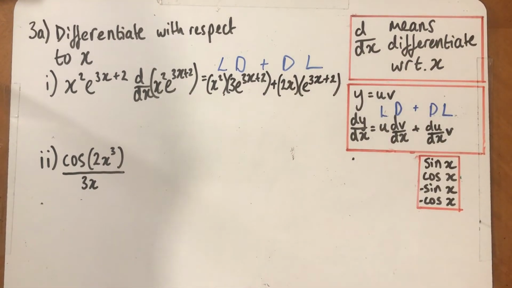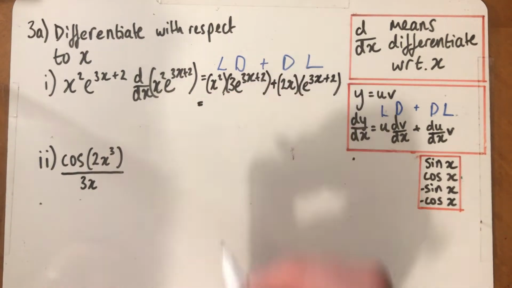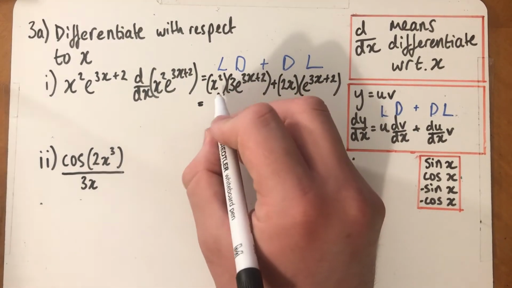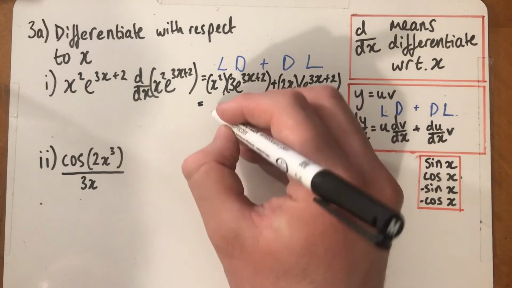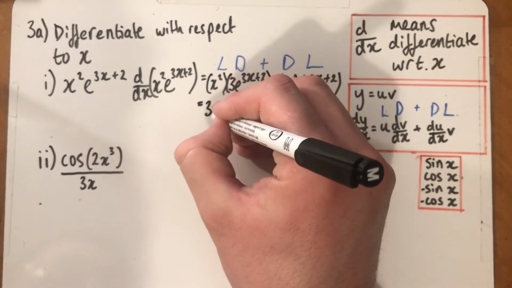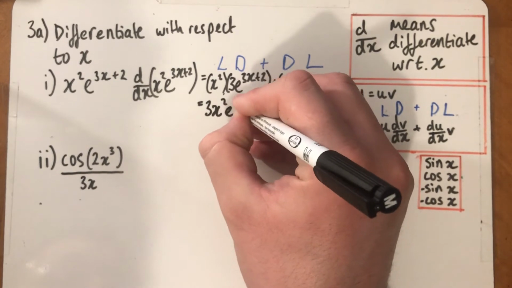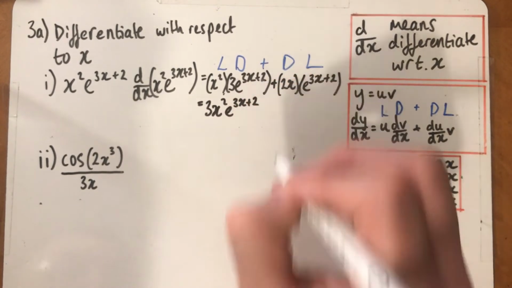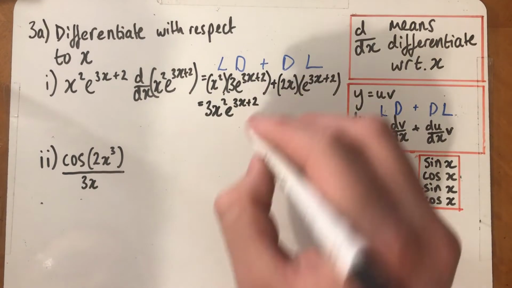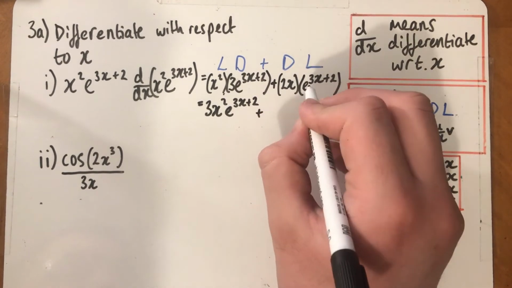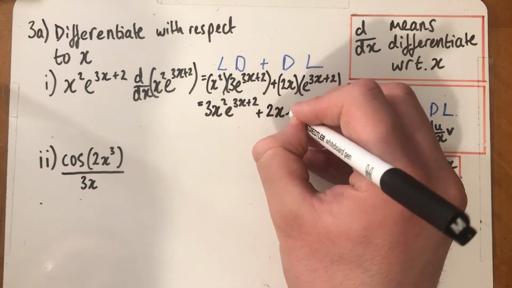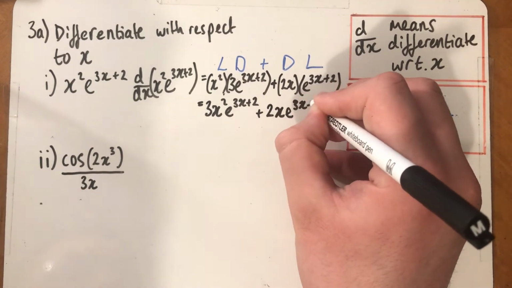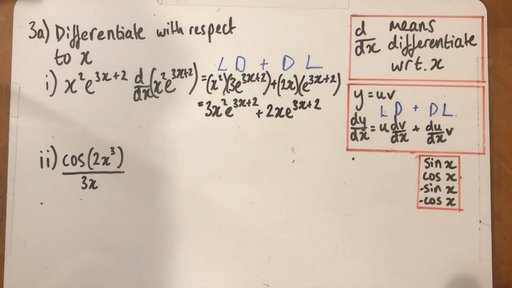So now all we have to do is expand the brackets. So x squared times 3e to the power of 3x plus 2, well, that's just 3x squared e to the power of 3x plus 2, plus 2x times e to the power of 3x plus 2. Well, that's just 2x e to the power of 3x plus 2.